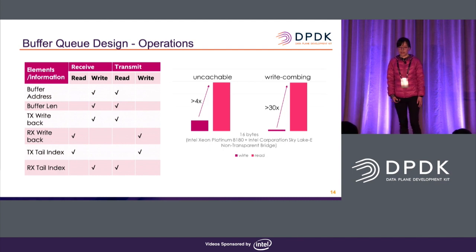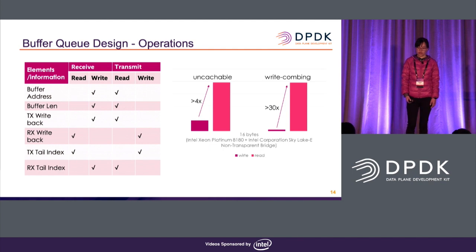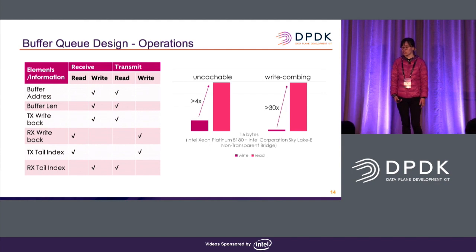And we can see from the right picture, if we set the memory to be write combining and use instructions to write and read 16 bytes of memory, the latency of the remote read is more than 30 times that of the remote write.